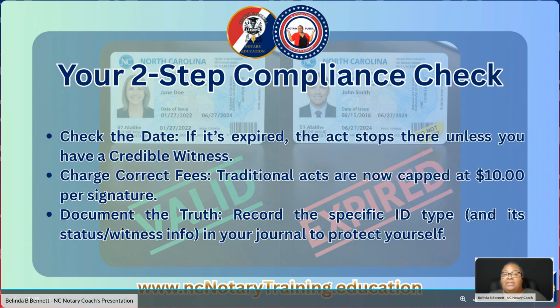So it's very simple. Yes, it can be a bit hard to give people bad news that we can't move forward with this, unless they know a notary, unless the notary knows them, or there's a credible witness that they both mutually know.